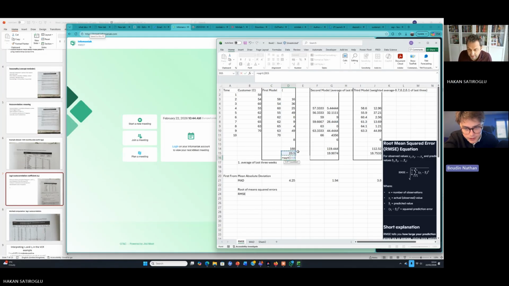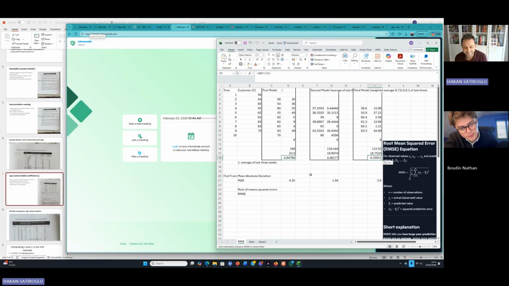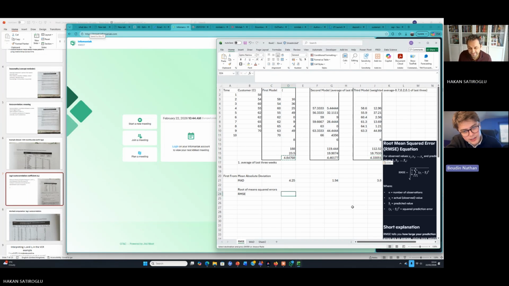Yeah. So the third model seems nice at the moment. I would like to go with the third one now.